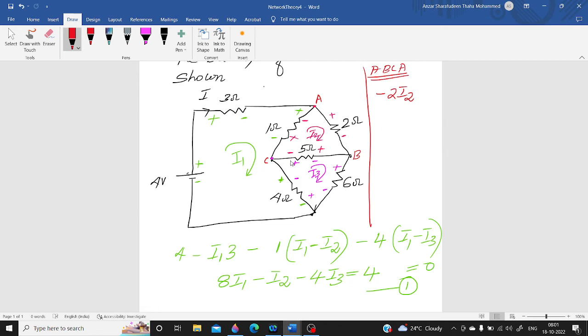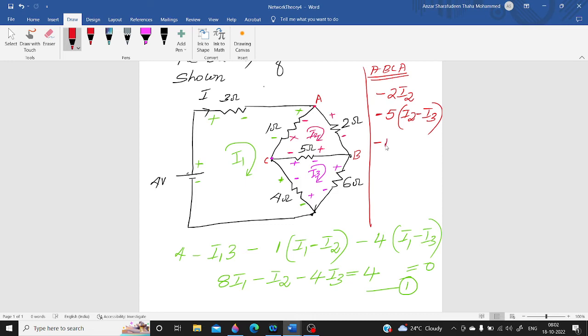And now the next element is this 5 ohm. So definitely minus 5 into the considering current, which is I2. Considering current in the mesh 2 is I2, and the opposite current is I3. So minus 5 into I2 minus I3. And here next is the 1 ohm resistor. So definitely along the direction of I2 there is a decrease in potential.